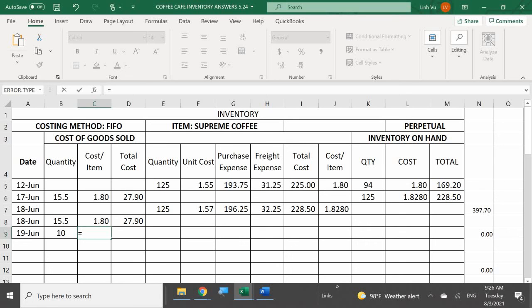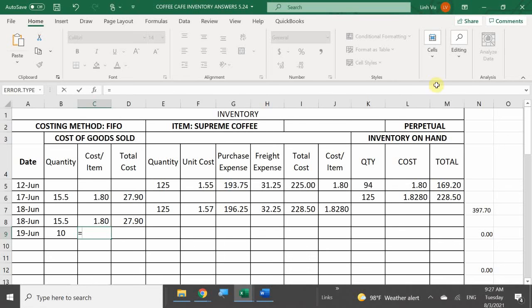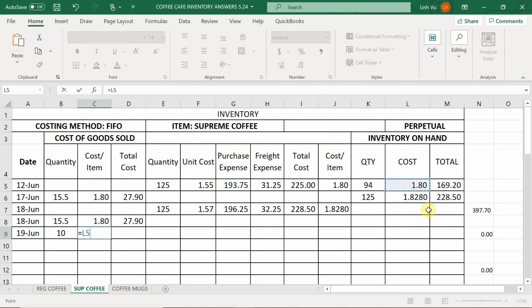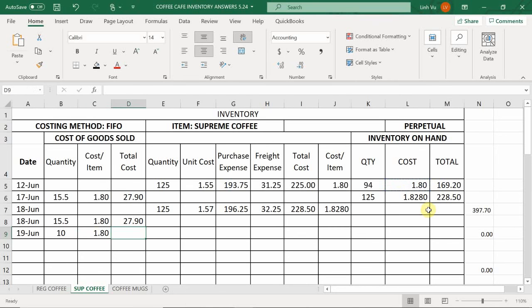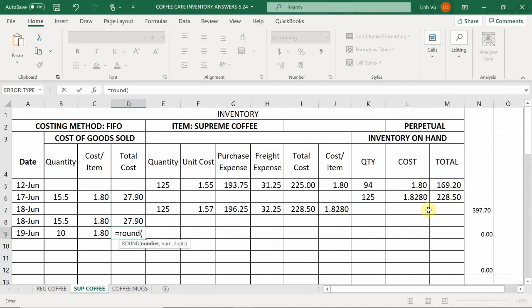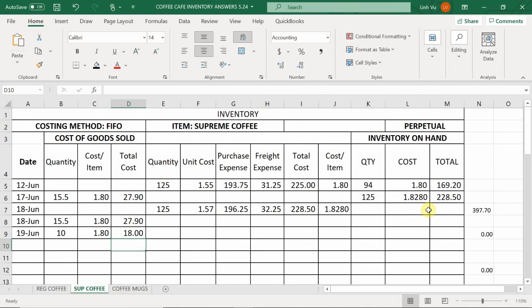I have 2 batches of inventory. $1.80. Good, because we're using FIFO. Okay, so in this case, how much is it going to cost me to sell 10 pounds of coffee at $1.80? $18. Okay.